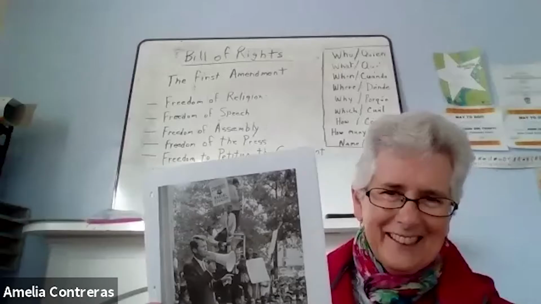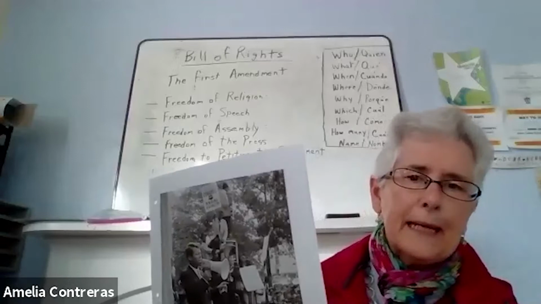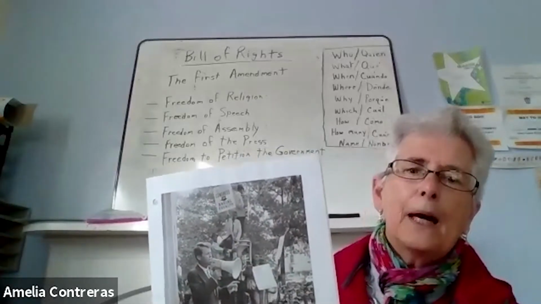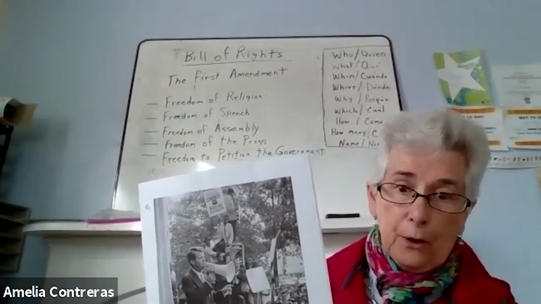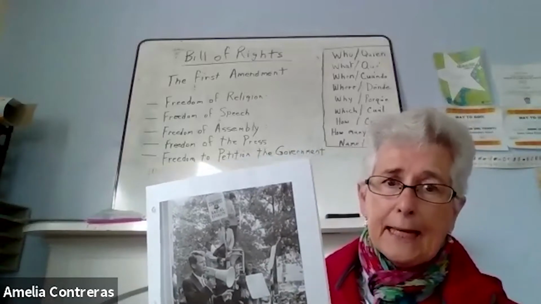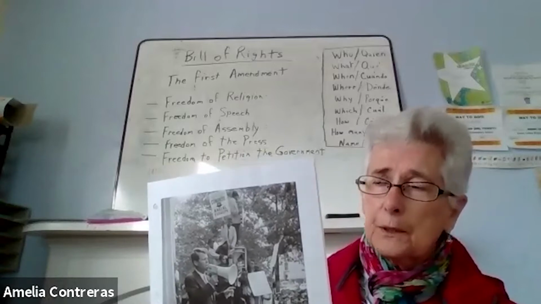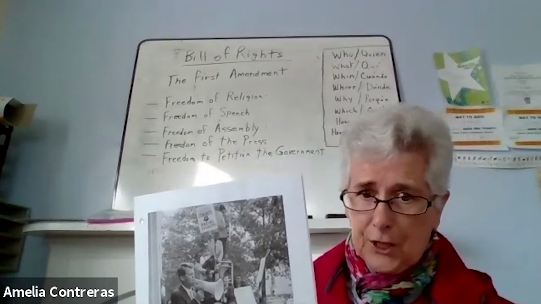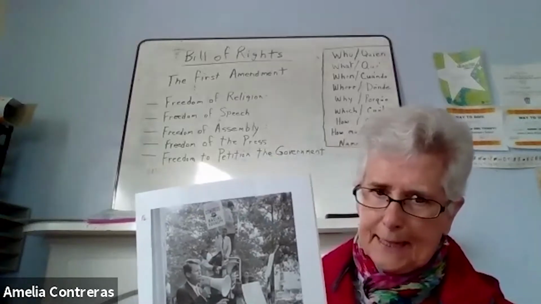Yes, I can. Okay. And this is Bobby Kennedy, which I know you're probably too young to remember him, but he was the brother of President John Kennedy, and he was running to be the president himself when he was assassinated, just like his brother John was assassinated.